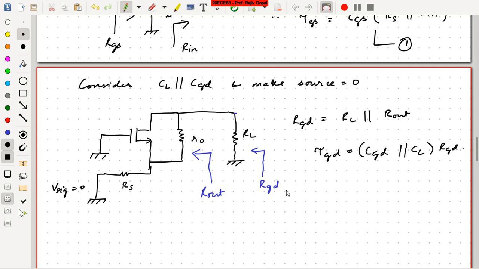And CGD parallel CL is addition only, it is not something else. So it is CGD plus CL. Therefore, tau GD is CGD plus CL into RL parallel R out. Okay, this is equation 2.